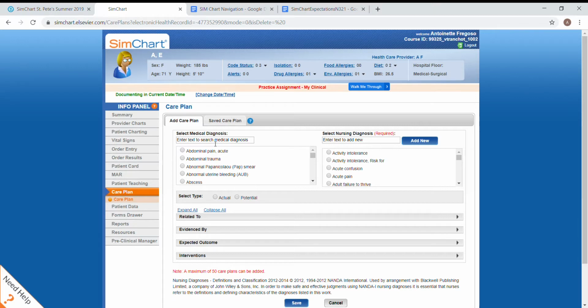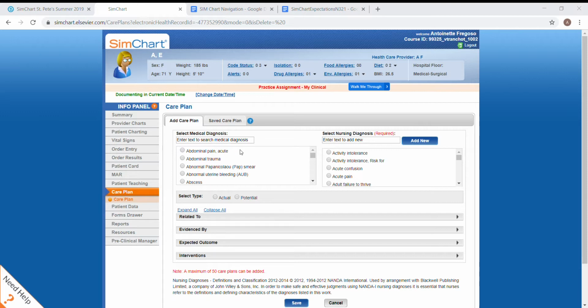So, continuing with our same patient, they have a medical diagnosis of myocardial infarction. One of the things I encourage you to do is take a look at the whole picture of the patient.